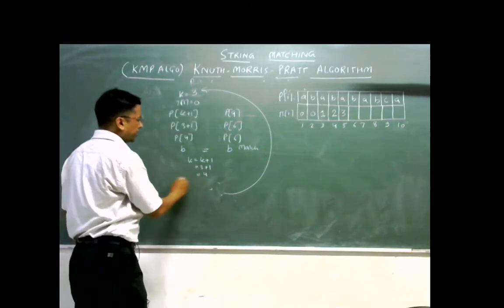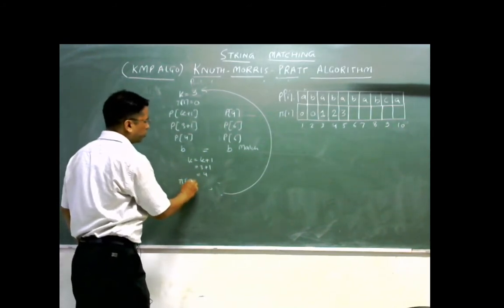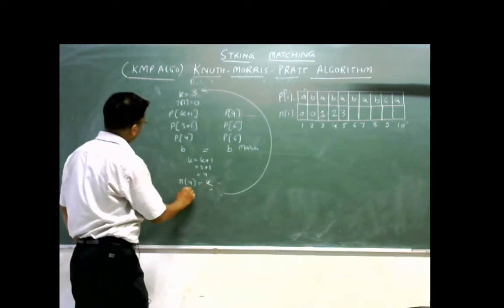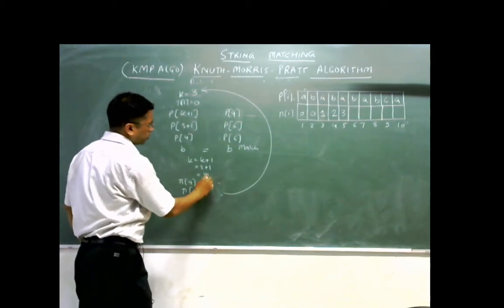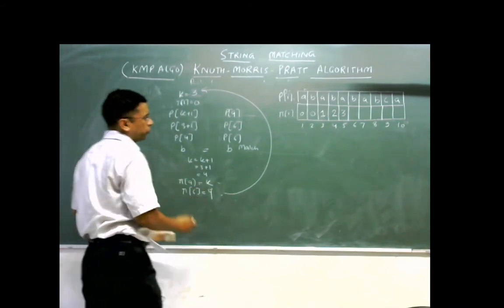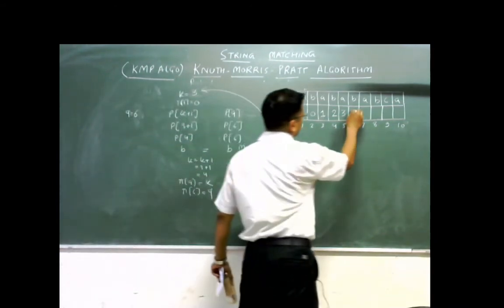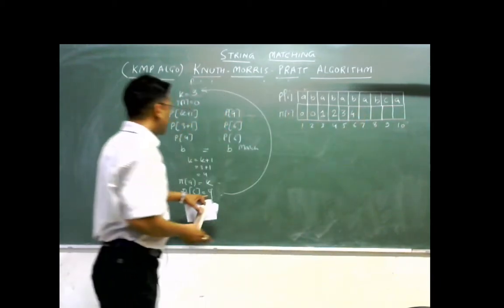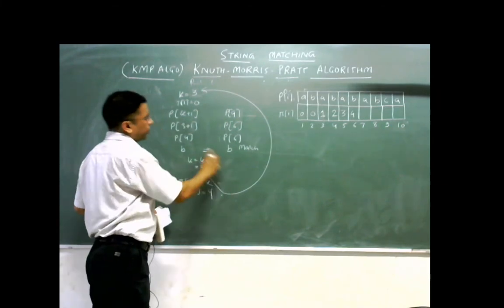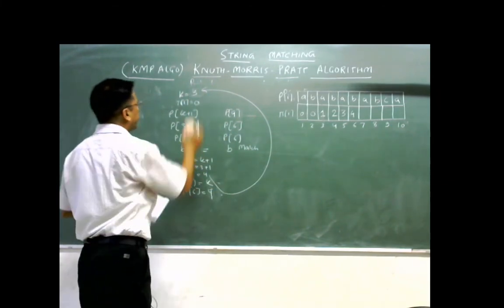And we shall assign this value to the pi[q] position, meaning pi[6] is equal to 4. We shall shift this increased value of k to this position, so k would be updated to 4.